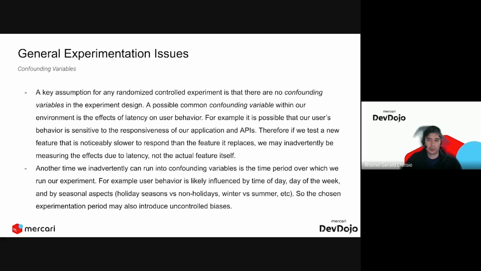Is that due to the algorithm, or is it just because it's slow? If we're not careful to actually check for these things, so in this case the response time of our algorithm, we could unintentionally be measuring the confounding variable, such as how slow our API is. So the negative performance of this algorithm might be due to its performance in terms of latency, not its performance in terms of quality.